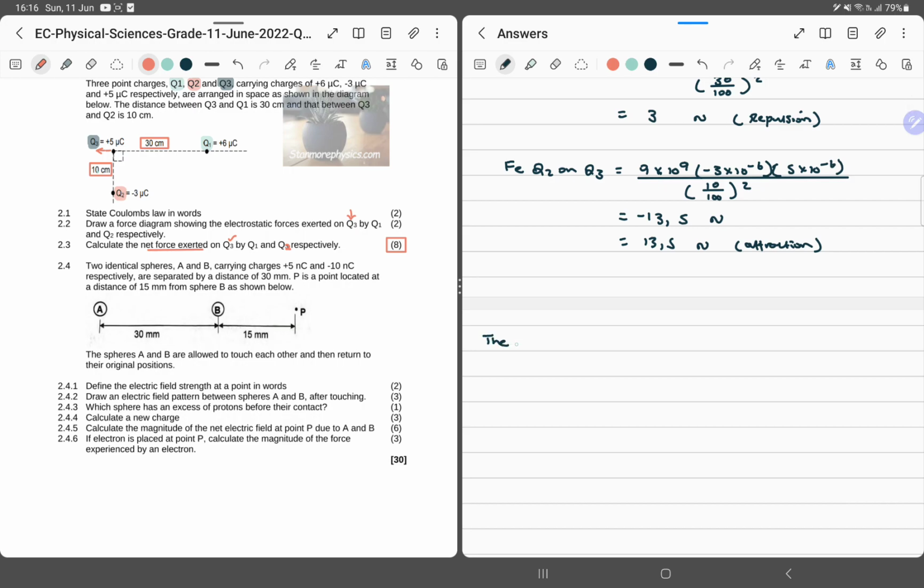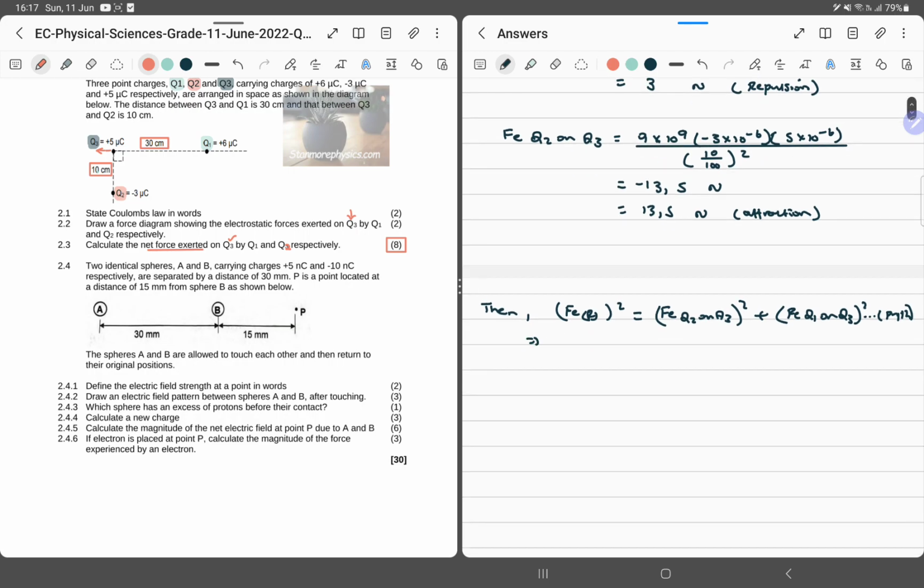So we can just say, then we know that the Fe R, okay, maybe let's square it, is equal to the Fe of Q2 on Q3 squared plus Fe of Q1 on Q3 squared. That is because of Pythagoras. Make it a point that you do this thing properly.